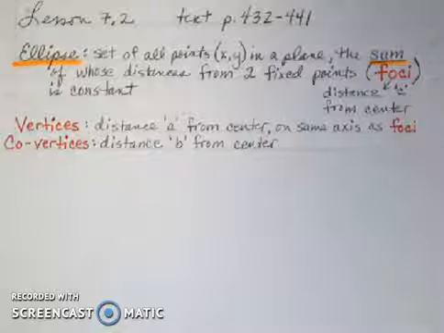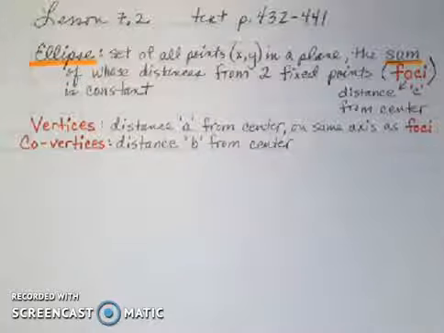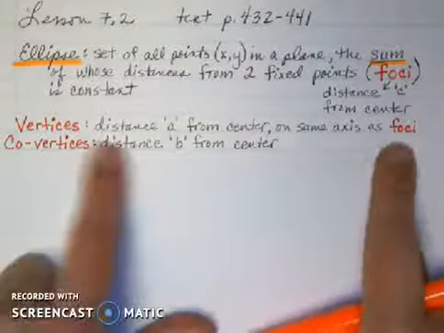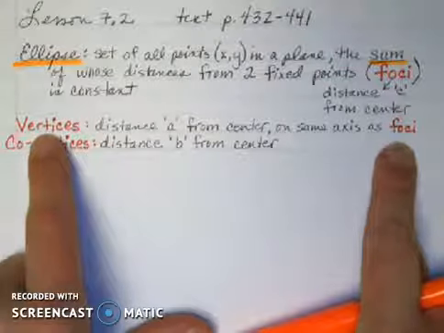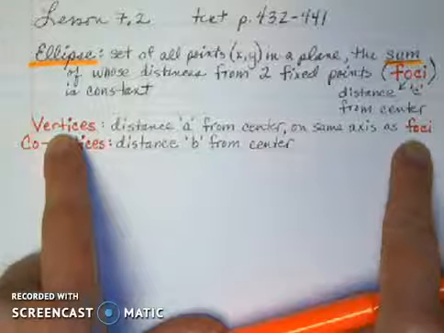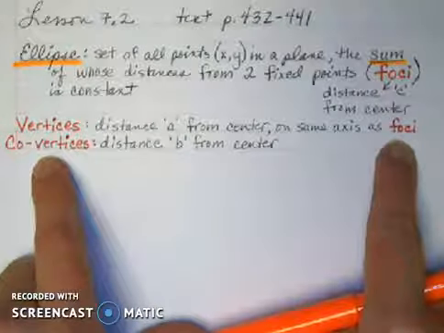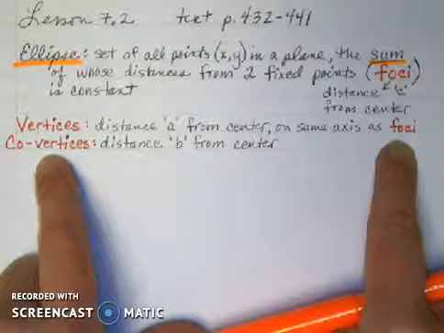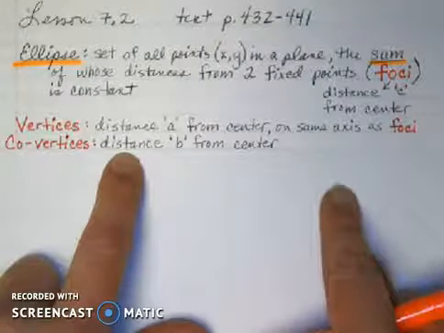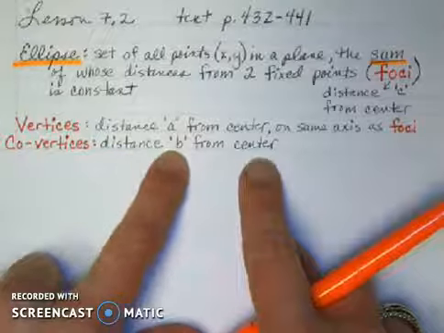With ellipses, you have vertices that are on the same axis as the foci. They're the major axis. And those are called the vertices. Then you also have covertices that are on the perpendicular axis. And that would be the distance b.